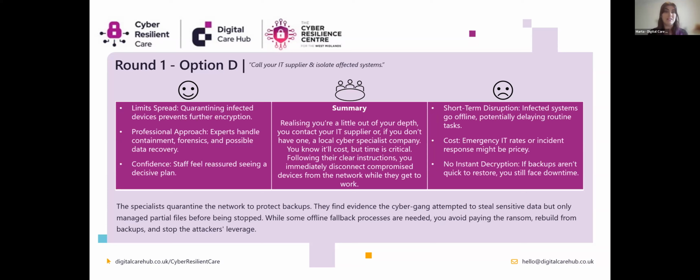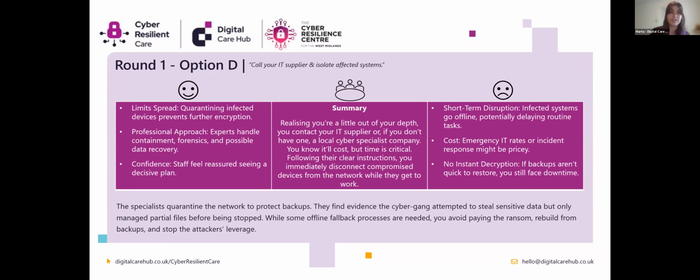The summary of this is realizing that you're a little out of your depth if you're not an expert on this. You contact your IT supplier, or if you don't have one, a local cyber specialist company. It will cost money, but in this case, time is critical. Following the clear instructions, you immediately disconnect compromised devices from the network while they get to work.